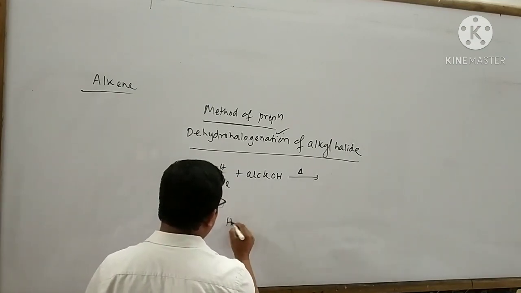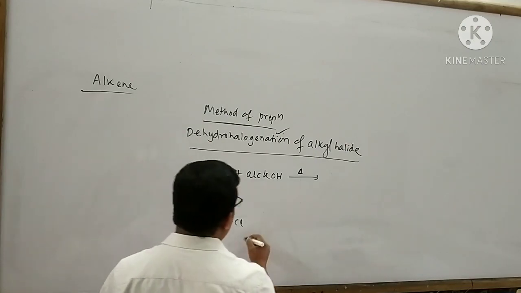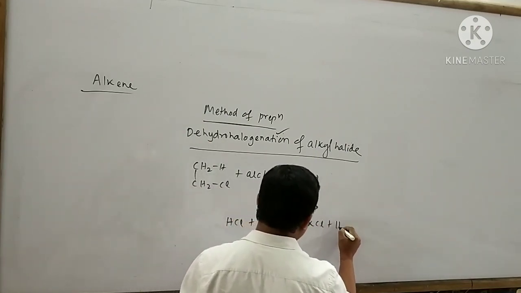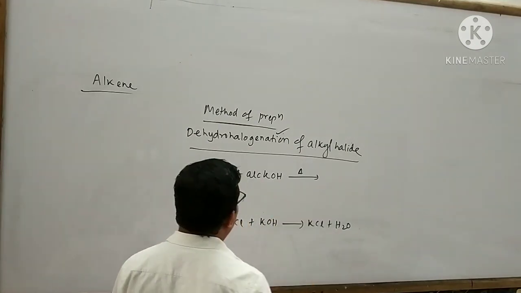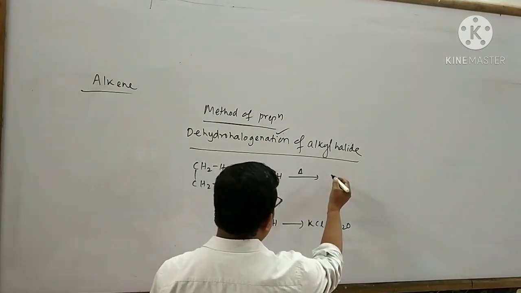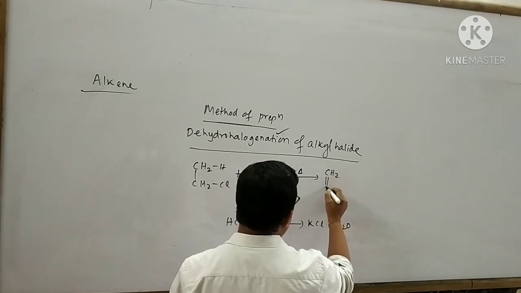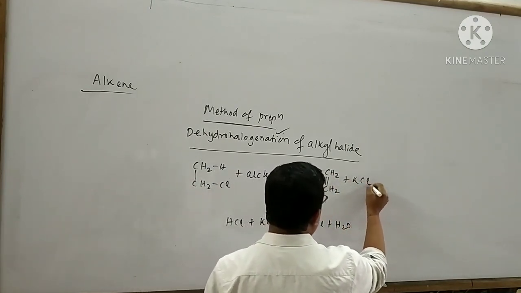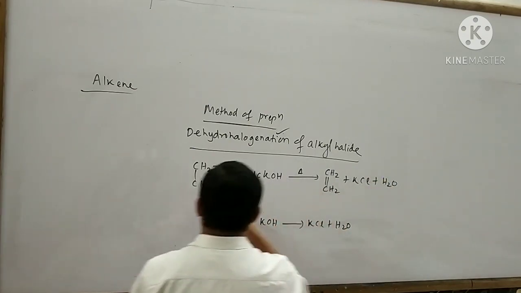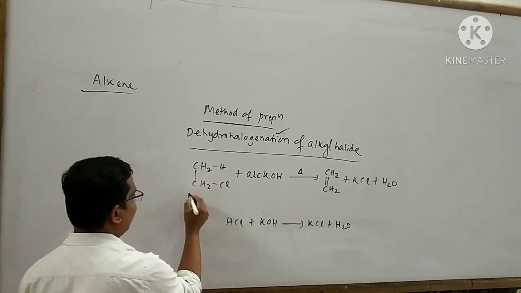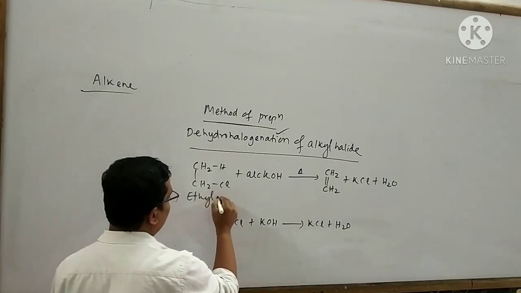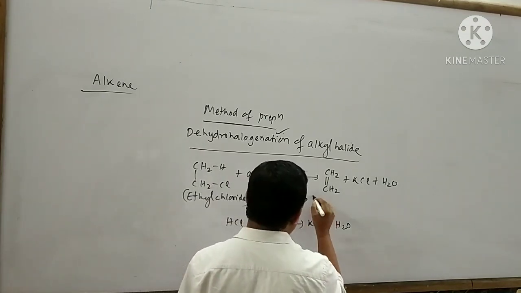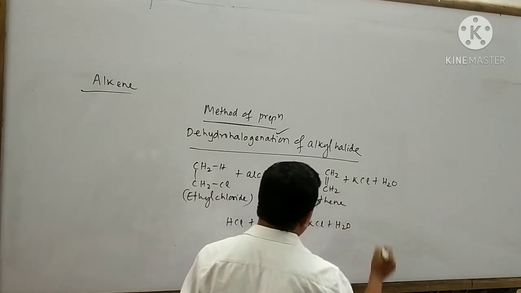That means HCl is formed. Again the HCl reacts with the OH, giving the salt plus water. So finally I can write the product like this: CH2 double bond CH2, where the byproducts are HCl and water. The name of this reactant is ethyl chloride. The name of this product is ethene.